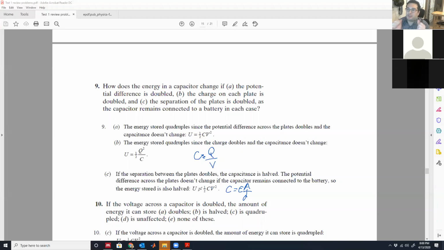Now, like physically, think about it, right? We have these two plates that are attracted to each other, because one side's positive and the other side's negative, right? And we want to pull them apart. Let's say we pull them double the distance, we're decreasing the energy in that system, right? Where is that energy going?